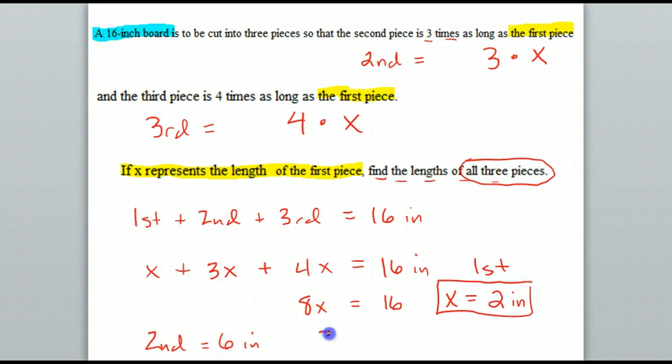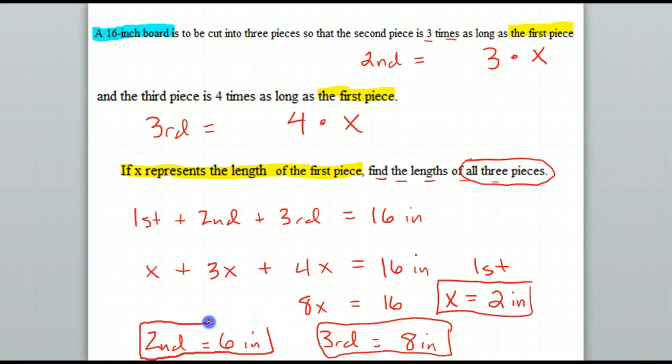And then the third is 4 times this number, so the third equals 8 inches. And if you add those up, 2 plus 6 is 8, plus 8 more is 16, and that's what it has to add up to.